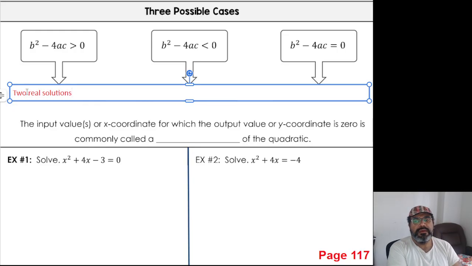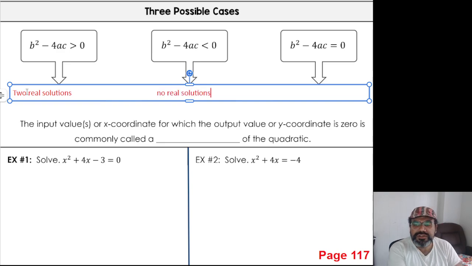But we have another case: when it is smaller than 0, when you solve, this square root is negative. Do we have a negative square root? Is it possible? Well, with the knowledge you have so far, no, it's not possible. It's not in real numbers. There are no real solutions.